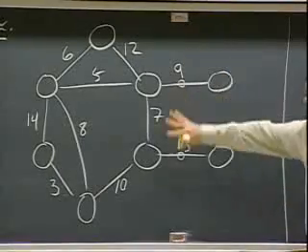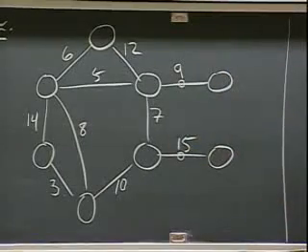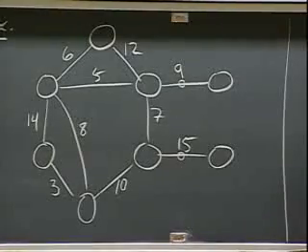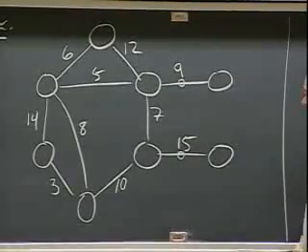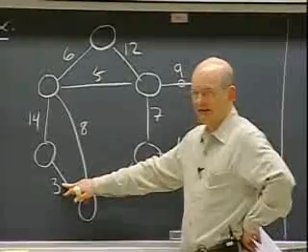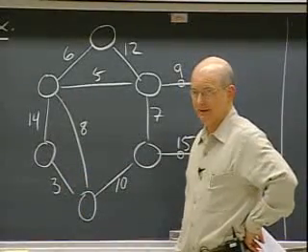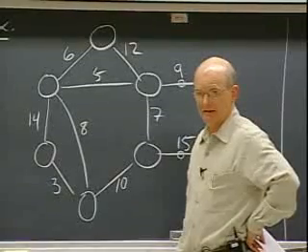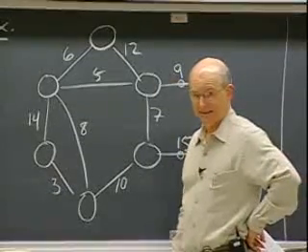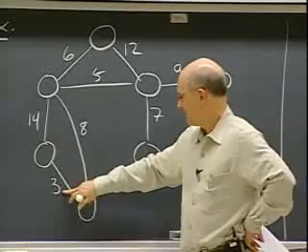We want the minimum weight, the one that has the overall smallest weight. So can somebody argue to me that 3 has to be in there? Yeah. The node's only reachable by 2 edges, and that's the minimum of the 2.